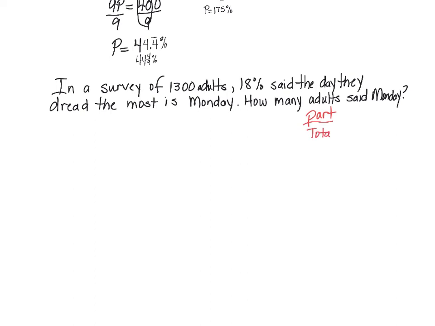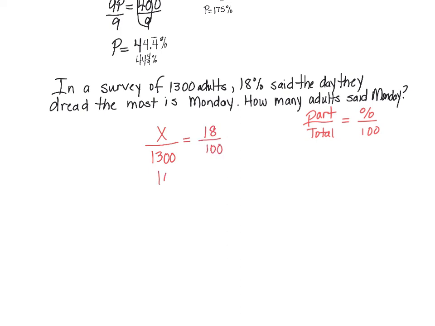Are there different ways to do these? Yep. So what's missing? The part, the total, or the percent? The part. So we're going to put x over, what's the total? Equals, right?